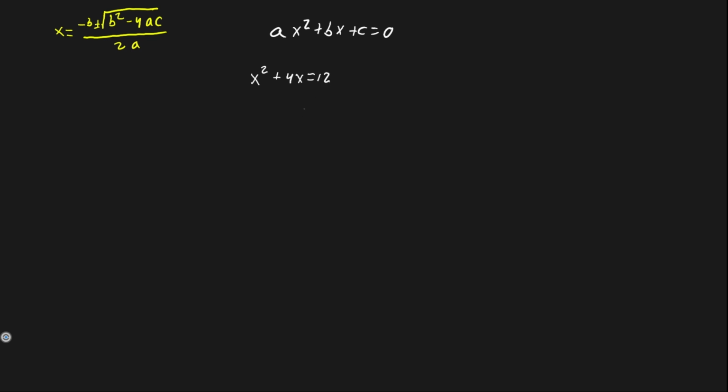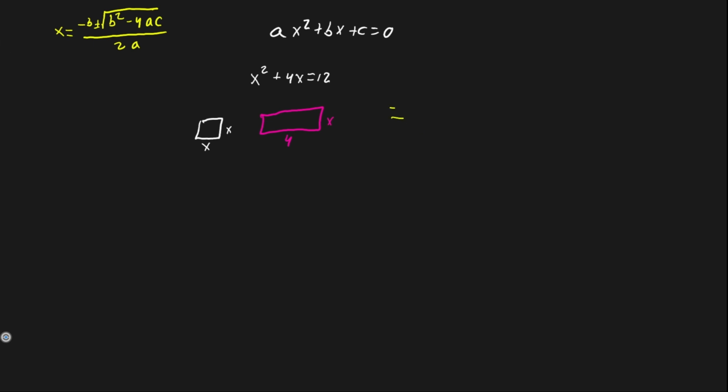We're going to look at x squared as a square with sides x by x and an area of x squared. And we have a rectangle of 4x, with side lengths of 4 by x.